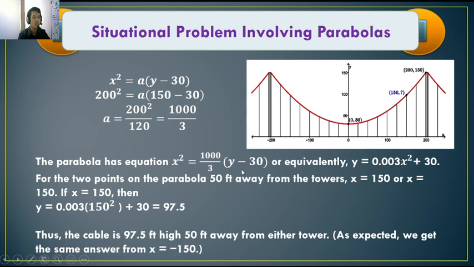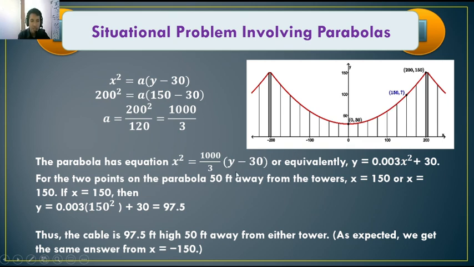What we did is cross multiply, or if you want, simplify 1000 over 3, and then do the manipulation to make it y is equal to 0.003x squared plus 30.